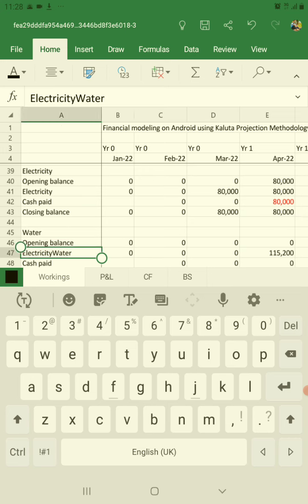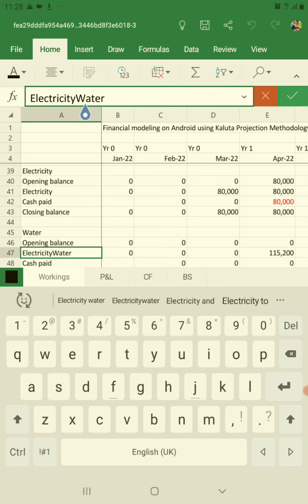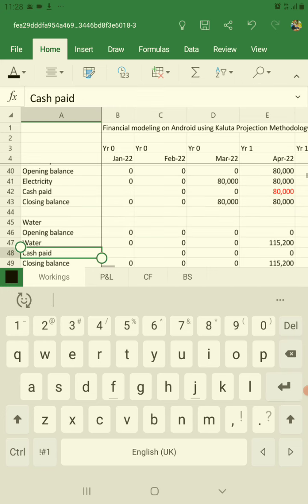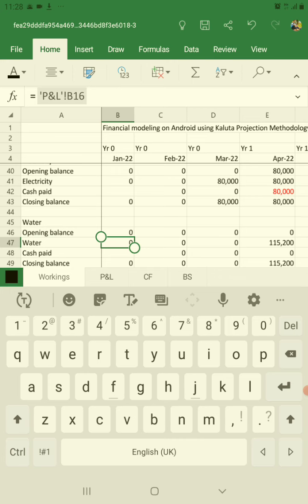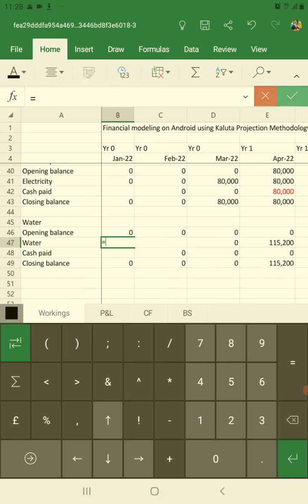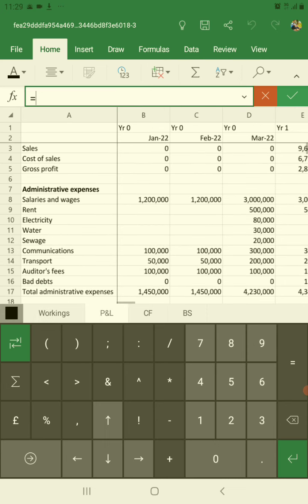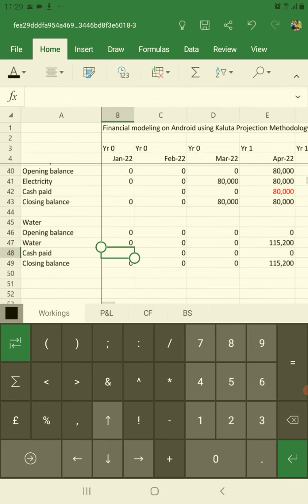I write electricity. Electricity was supposed to be removed here in the explanation, so I remove this to remain with water. So I'm changing the formula here. Put an equal sign and go to P&L and pick the water figure in January. That is here. And then enter.